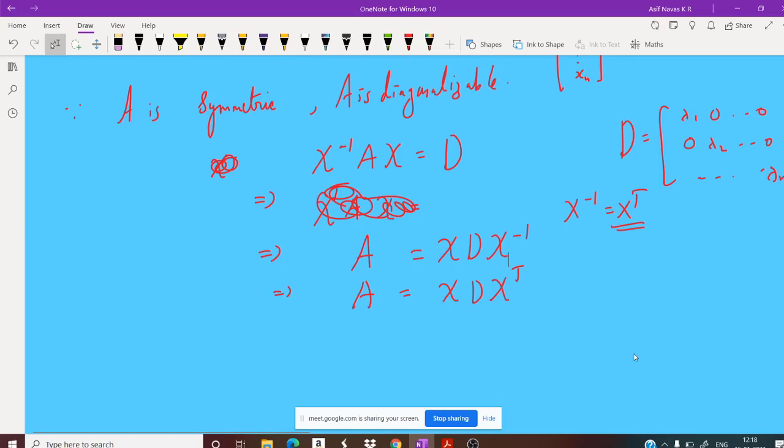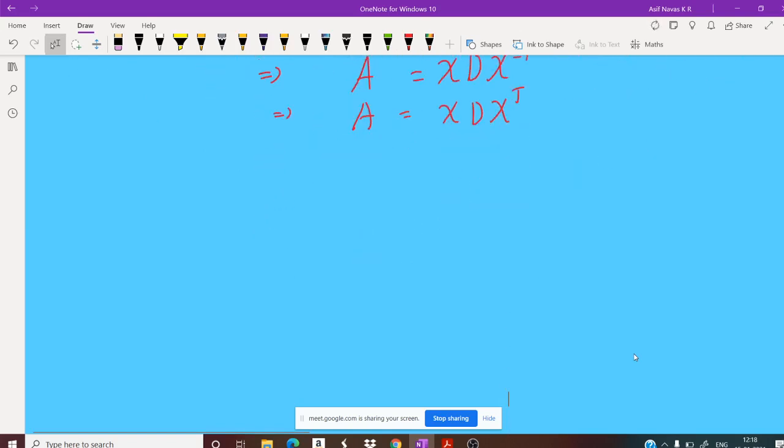Now we will write what is Q. Q equals small x transpose AX. Instead of A, I will write X D X transpose.